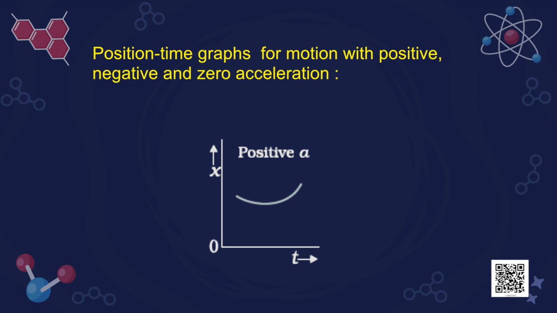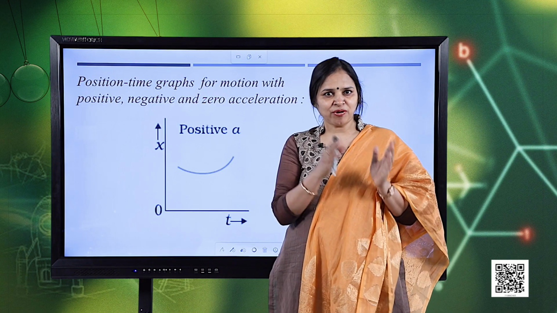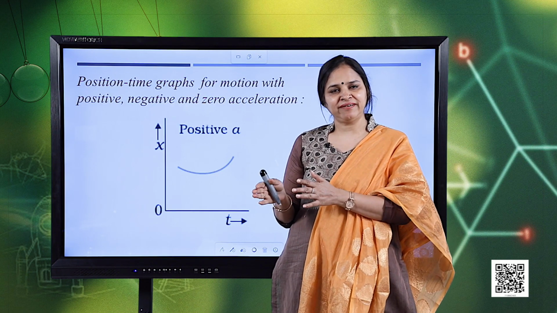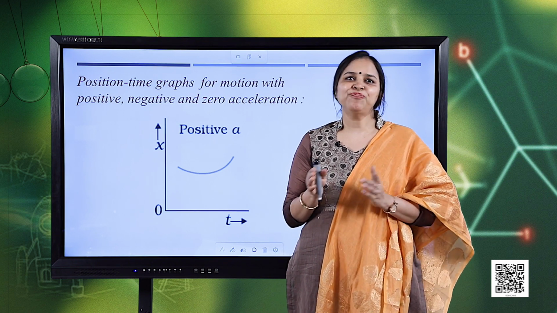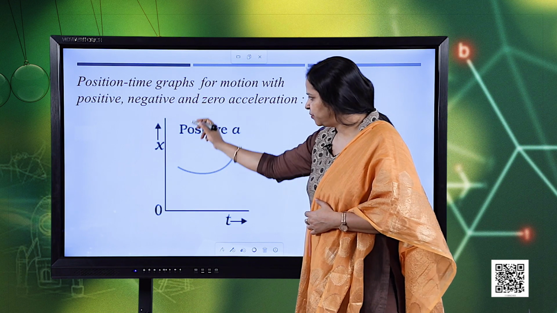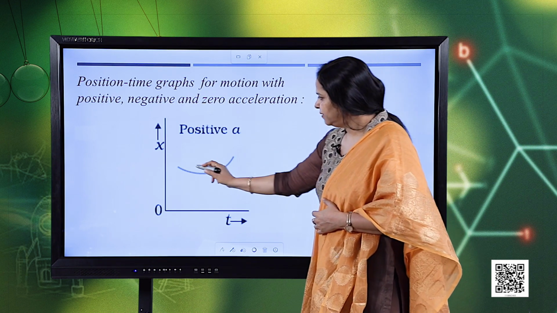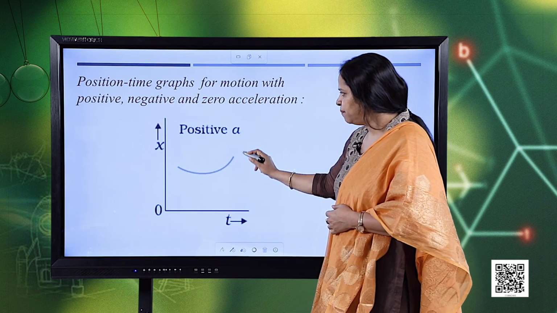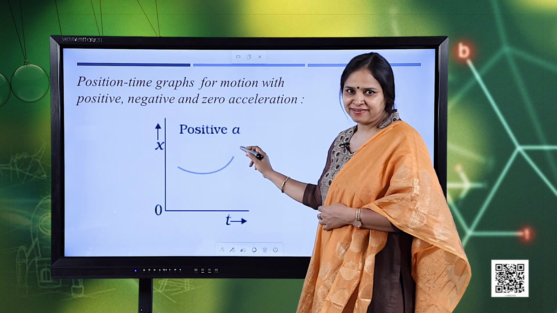Now, as we know that acceleration can be positive, negative and 0, let us discuss these in terms of the position time graph. Here we can see a position time graph, and this curve represents positive acceleration.